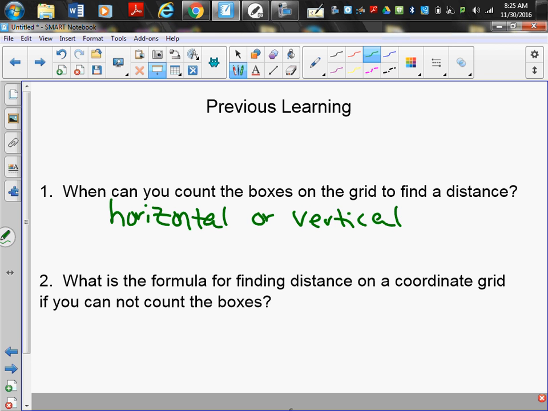Number 2. What's the formula for finding distance on a coordinate grid if you do not have a horizontal or vertical line?